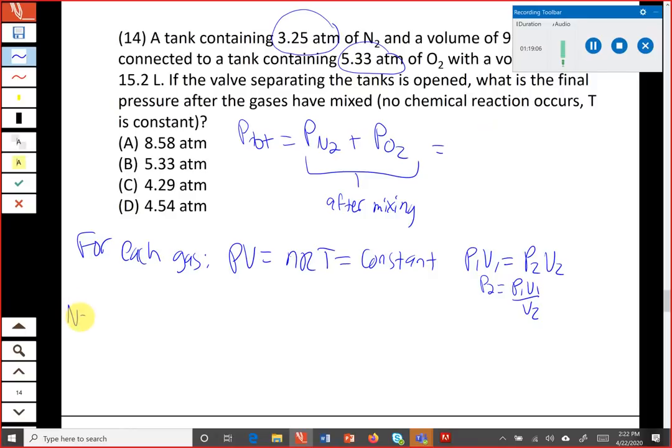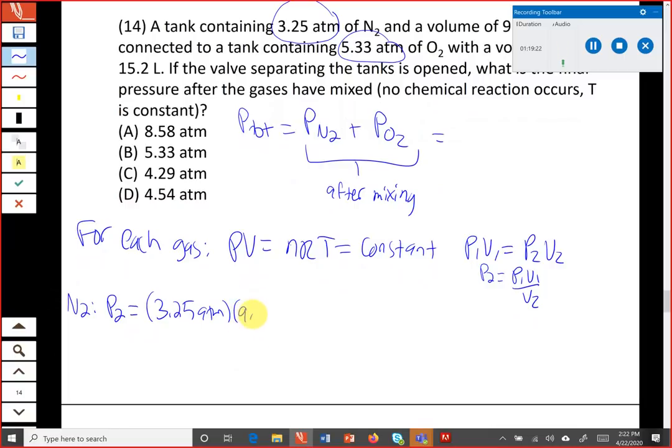So for N2, the pressure after mixing is going to be P1 V1. So the initial pressure for N2 is 3.25 atmospheres. The initial volume for nitrogen is 9.30 liters. And then the final volume for both gases is going to be the sum of the two volumes, because once we allow the gases to mix together, they're going to occupy the combined volume of both tanks that they were in before.